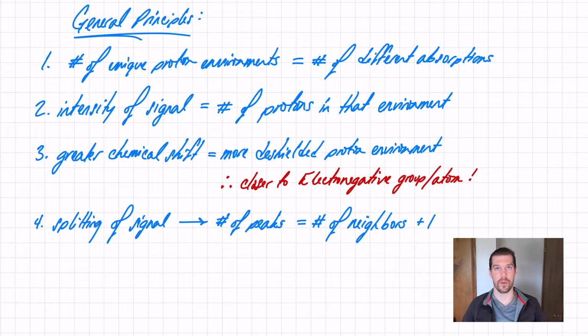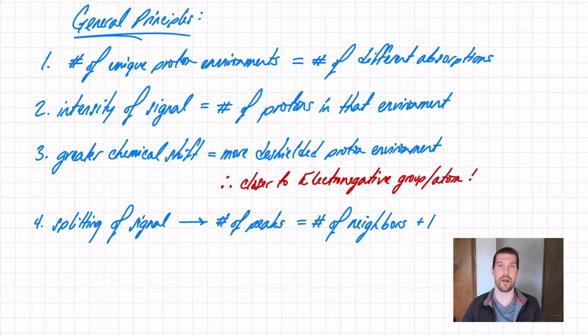Third, a greater chemical shift, which is usually measured in parts per million, ppm, corresponds to a proton that is closer to an electronegative atom or group, or closer to a stronger electronegative atom or group. For instance, a carboxylic acid, very high electronegativity, you're going to expect something around a 10 to 12 ppm range.